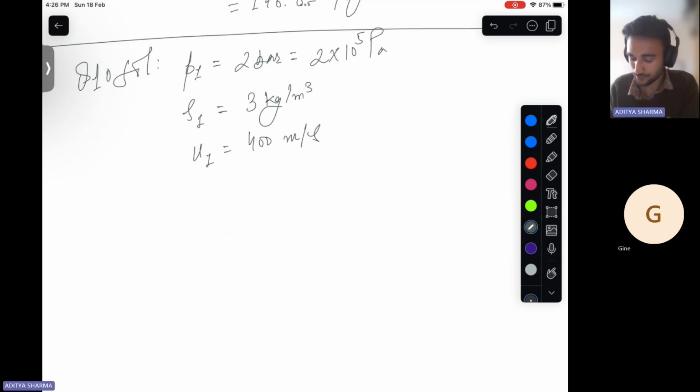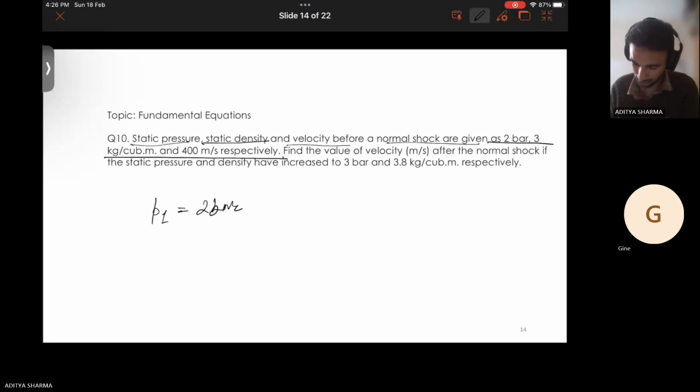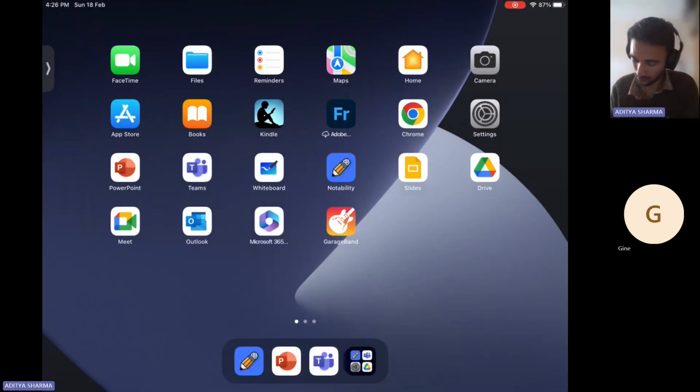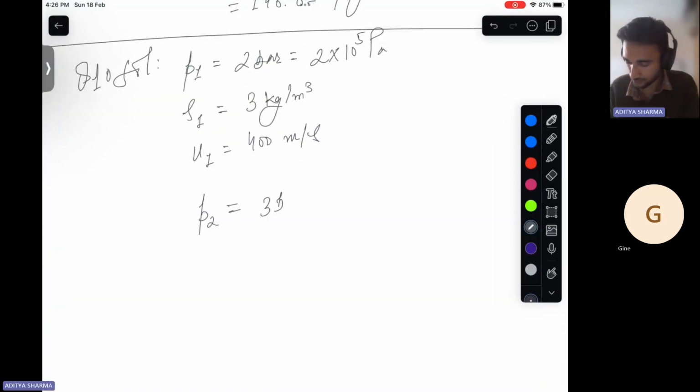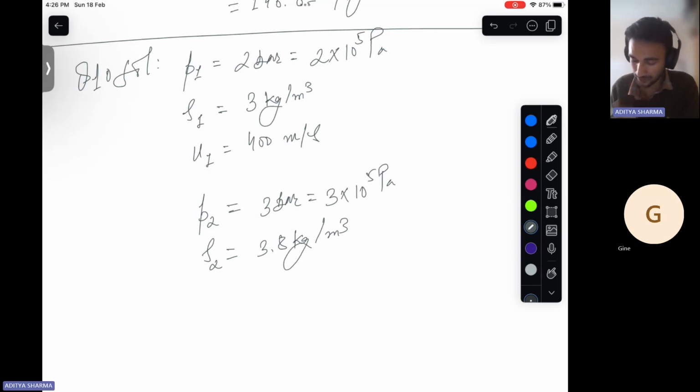P2 is given as 3 bar, and rho 2 is 3.8 kg per meter cube. And then this has been asked, right?